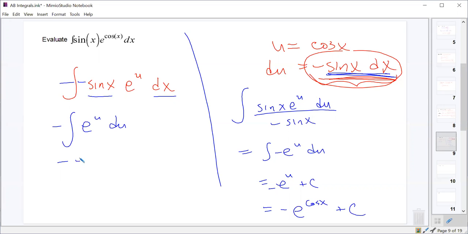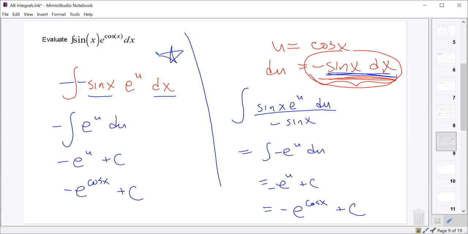You end up with negative e to the u plus a constant, or negative e to the cosine x plus a constant. Either way, it comes out exactly the same. If you prefer to solve for dx and plug it in and simplify, that's fine. Or if you prefer to build the dx into it and then just cancel it out, that's fine too. Generally, this is how I will demonstrate the problems because that's the way I like to do it.